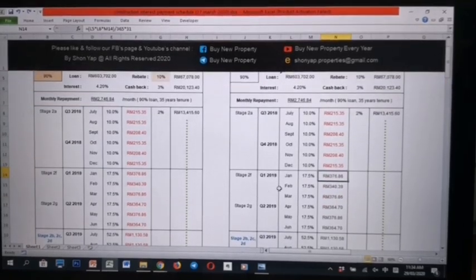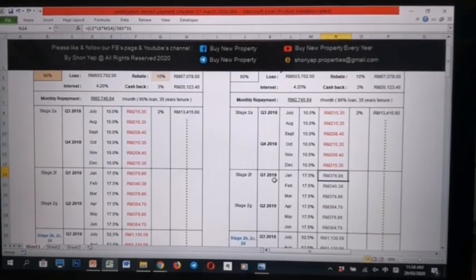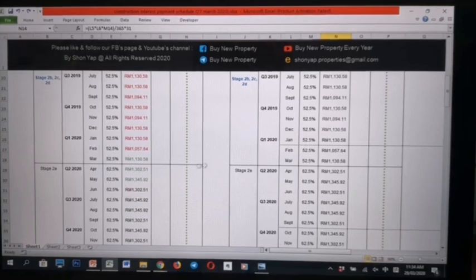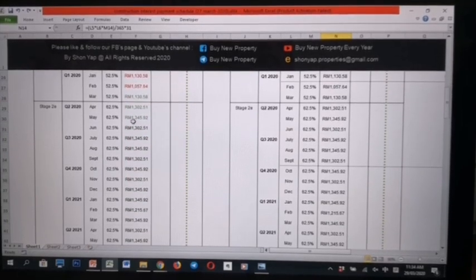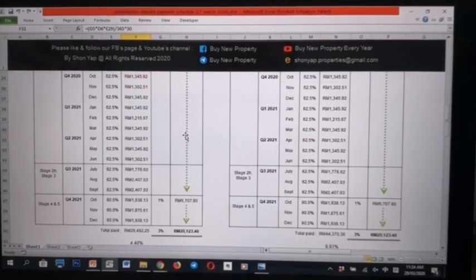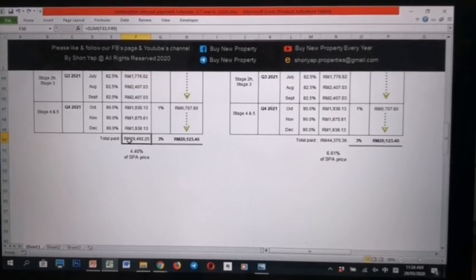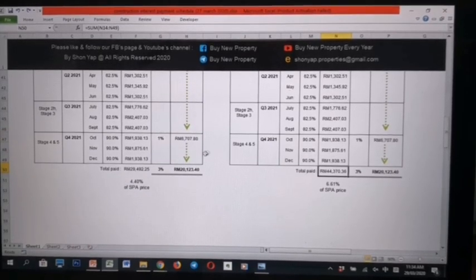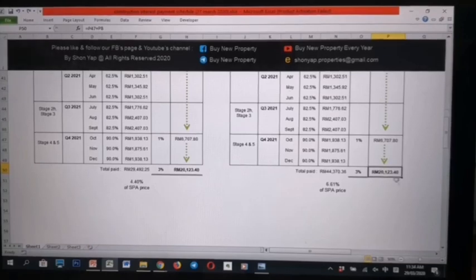They have to start paying the interest in Q1 last year, but this other buyer only starts paying the interest from here. So he only pays 29,000 over 2 years plus, but she has to pay about 44,000 for almost 4 years of construction interest. So the cashback may cover his, but of course cannot cover hers.